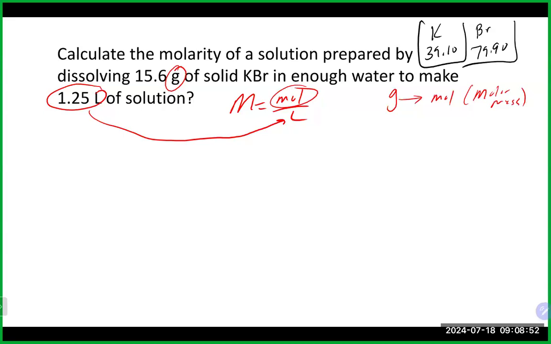So to do that, we will need really just to add these two together. That's KBr. That's 119 grams per mole when we add those guys together. And we will use that to convert our grams into moles. Again, using dimensional analysis here, 119 grams per mole.